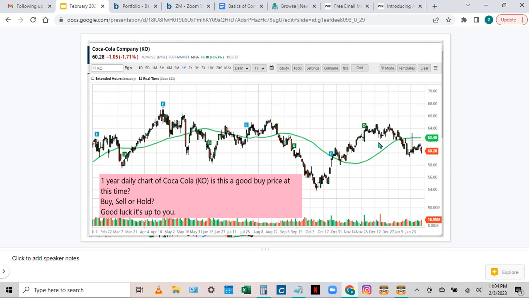So it's just one of them stocks that's going to go, at least in this time frame, back and forth, pays earnings, right? Pays dividends. So does this valuation at 60.28 line up with what you would expect to be a good dividend payment or a good outlook for the company going forward? So good luck. It's up to you.